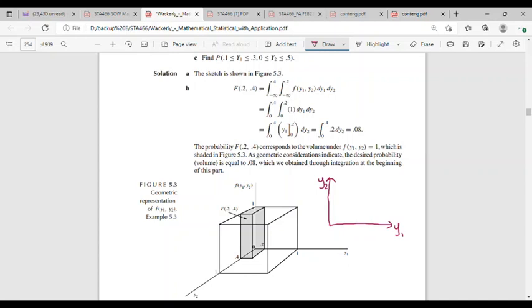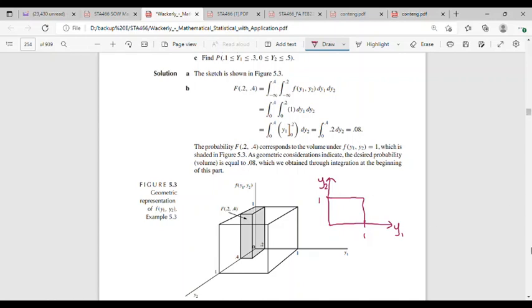So Y1 is 0 to 1 and Y2 is also 0 to 1. So that is it in 2D. In 3D it will be illustrated like this, the big box.